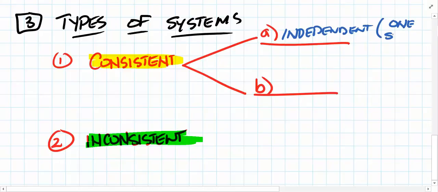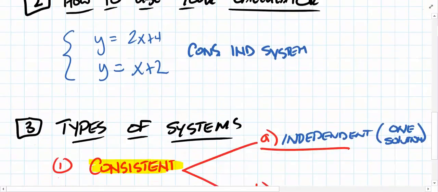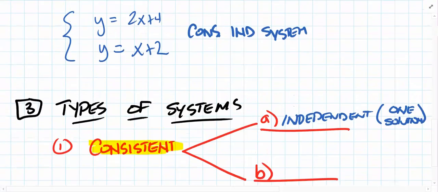The example that we did together in box number 2 is an example of a consistent, independent system. Why is this a consistent, independent system? Because it has a solution and it only has one solution, meaning the point -2, 0.